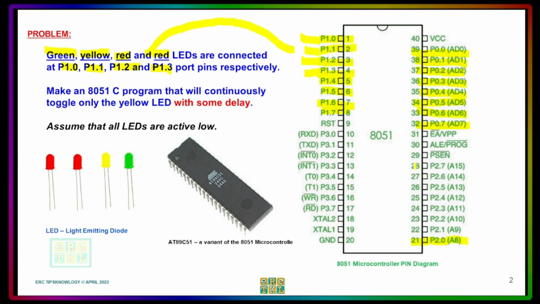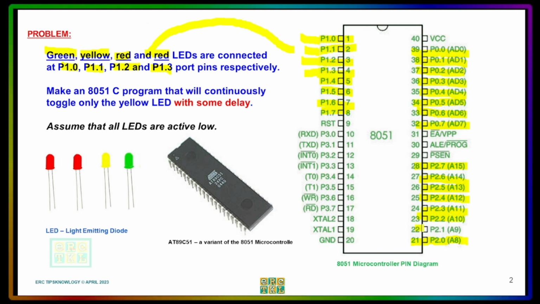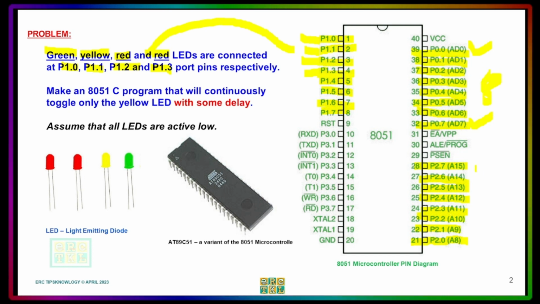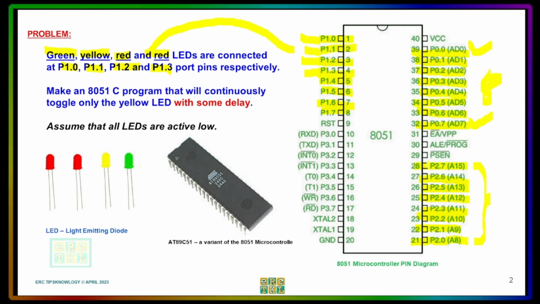Port 2 will support the 16-bit address that we need, because port 0 can only take address 0 up to address 7, which is equivalent to 8 address bits. So if we need 16 bits, then we need to use another 8, and that will be supported by port 2.